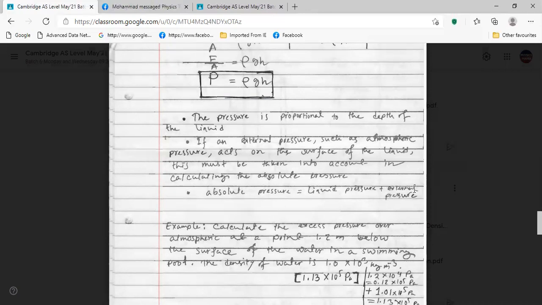You can write only 2 points, first one and third one. The second one is the explanation of the third one.